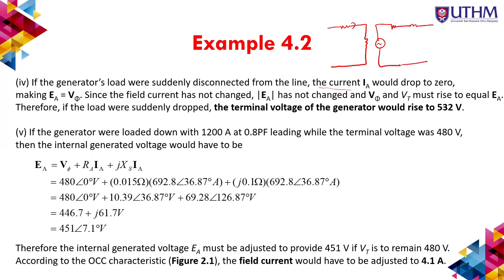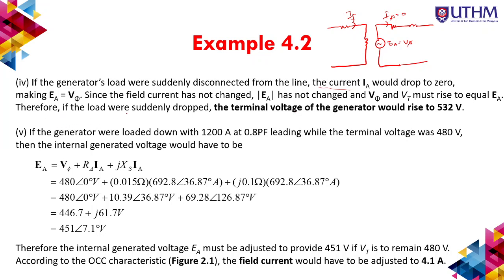So the I field is here, the field current is here, and this is the armature current, which becomes 0, so EA equals V phase. When it disconnects, V phase is equal to EA, and the field current is still running. So the magnitude of EA has not changed, and V phase and VT must rise to equal EA.